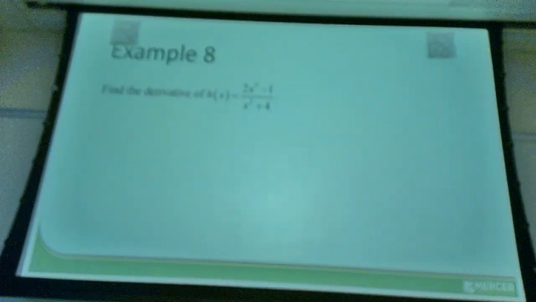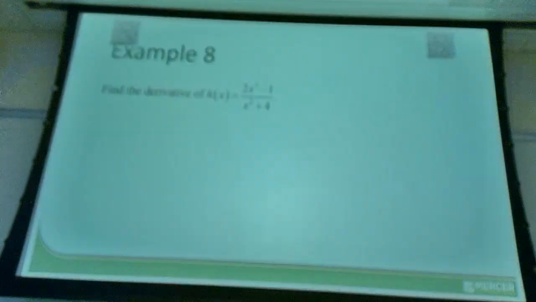No, quotient. Is there another way to do it? Cubed on top and squared. Well, that's true, but we're not doing limits, so that doesn't really help us. There actually is another way we could do this.